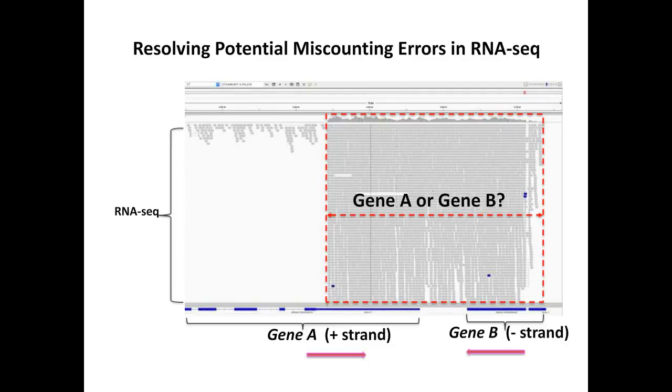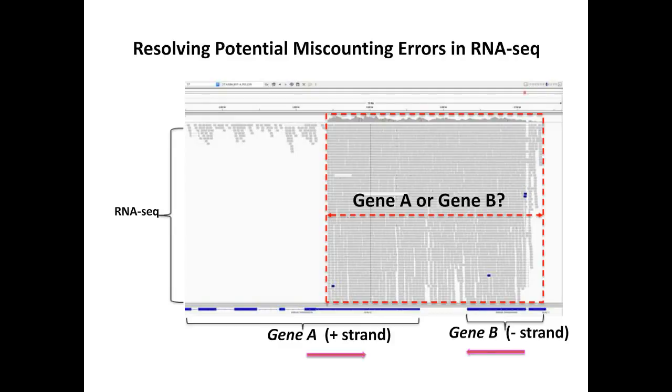This is based on RNA-seq. Do all these reads in RNA-seq belong to gene A, or do they belong to gene B? Based on RNA-seq data, it is not clear where they belong.